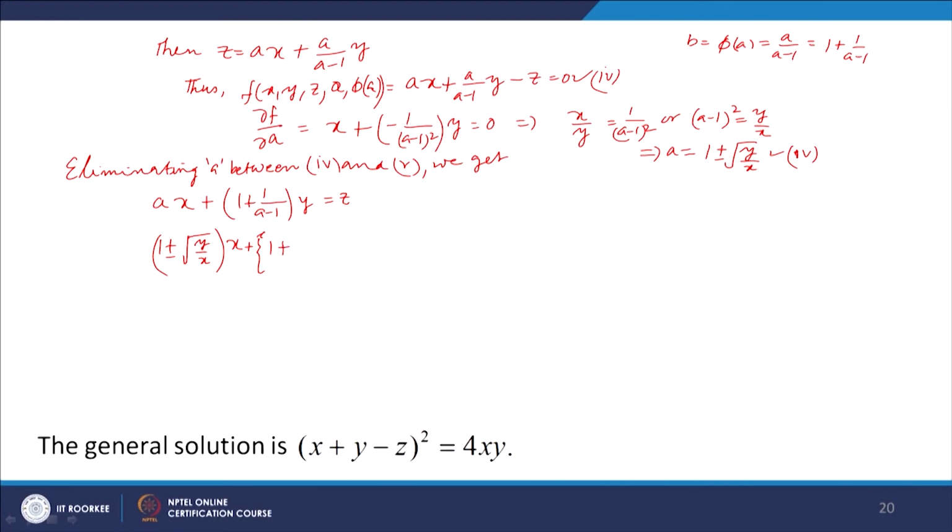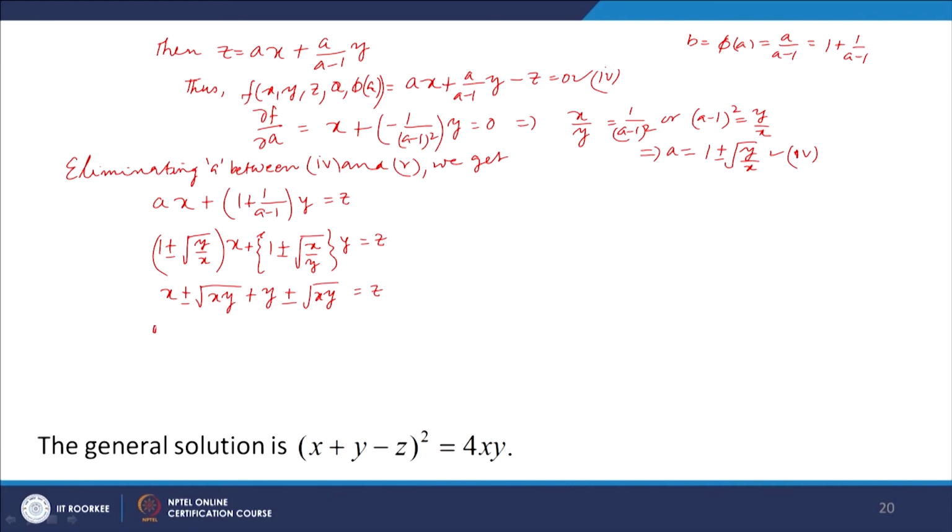1 upon a minus 1 is plus minus square root x over y. So plus minus square root x over y into y equal to z. This is what we get, and this is x plus minus under root xy, and what we get here plus y plus minus square root xy equal to z.